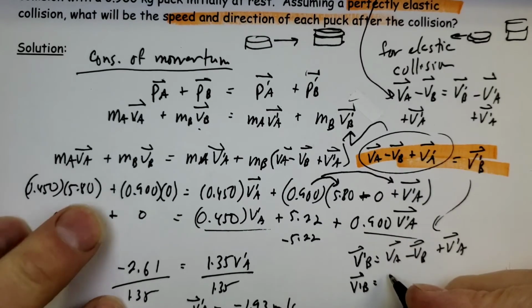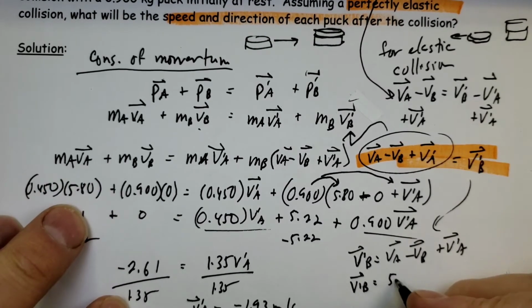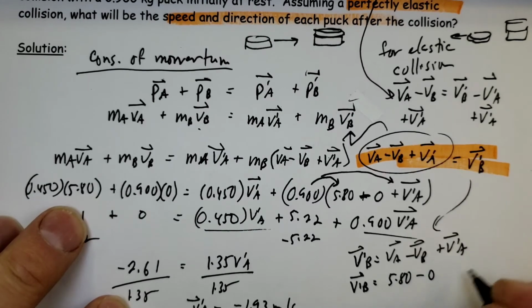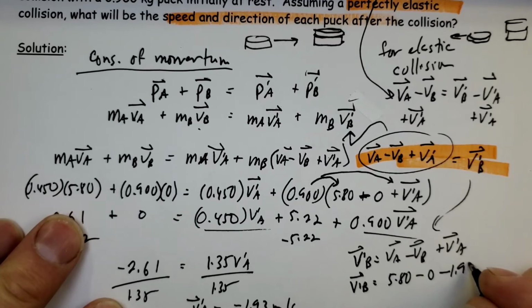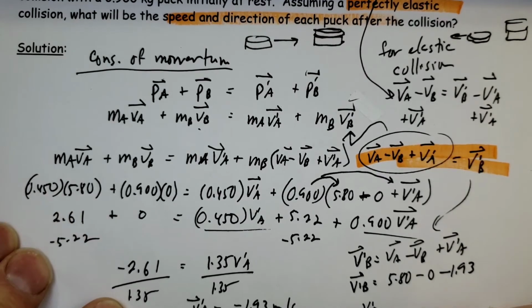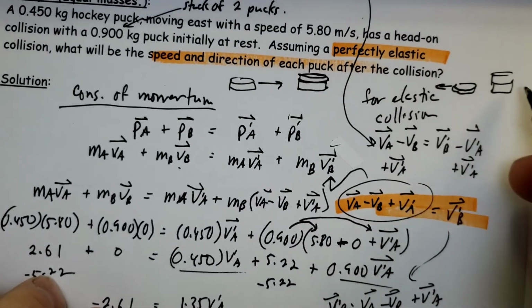So my VA was originally moving at 5.8. VB was not moving. And my V prime A is 1.93. So V prime B is 3.87 meters per second. So my big stack here will be moving this way.